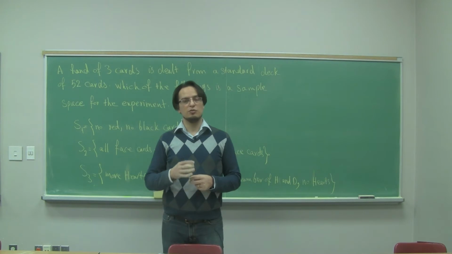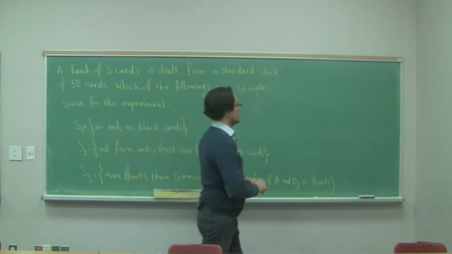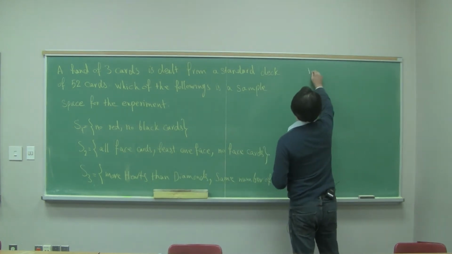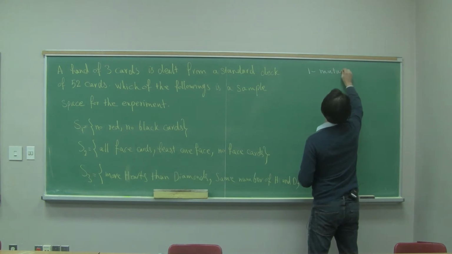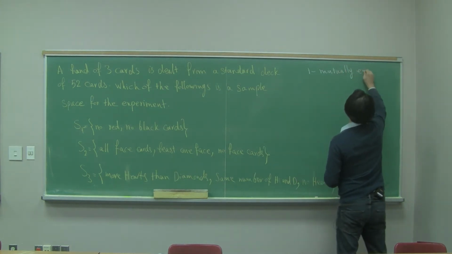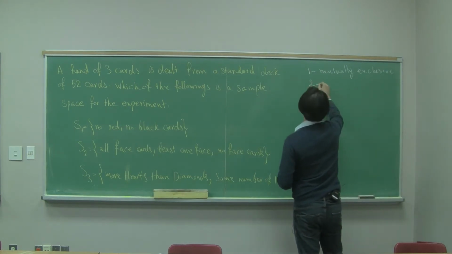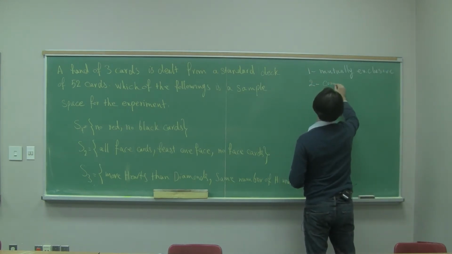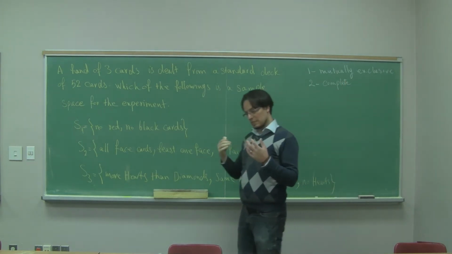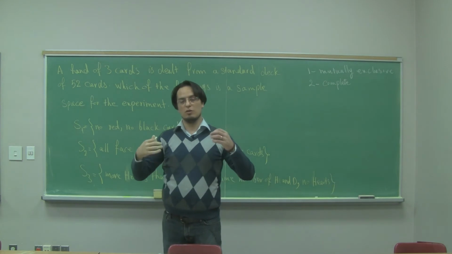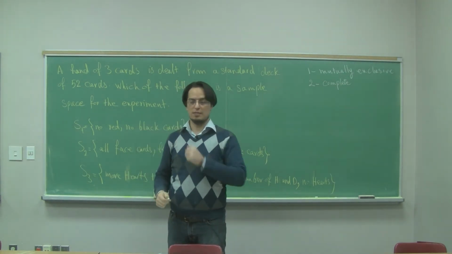That means that they don't have any overlap. So we are looking for 2 properties. One, mutually exclusive: they don't overlap the outcomes. Two, they're complete, meaning that every possible result of that experiment is included in one of these things.